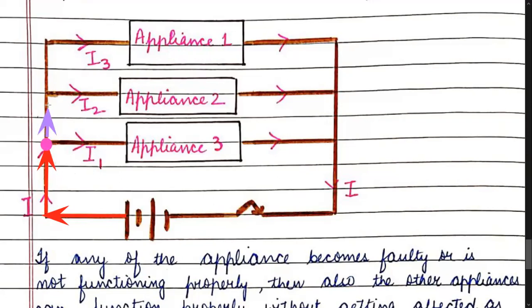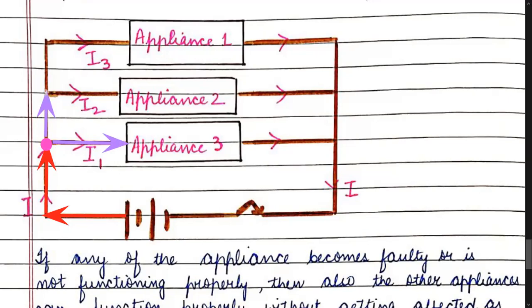It can go up also, and it can go towards the right to appliance number 3. So since there are 2 wires, the current gets divided into 2 ways, or you can say the current gets parted in the 2 directions.